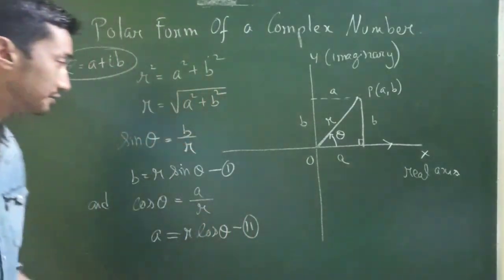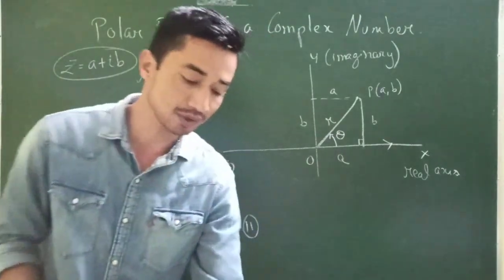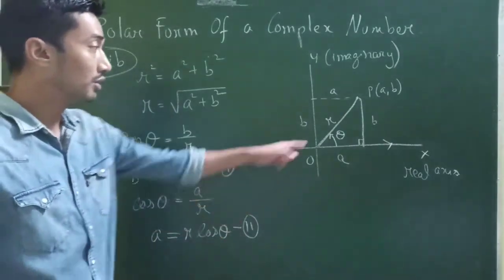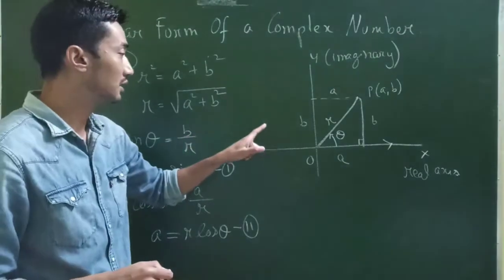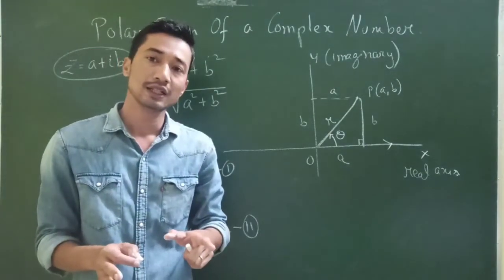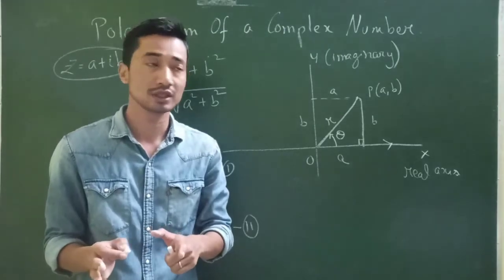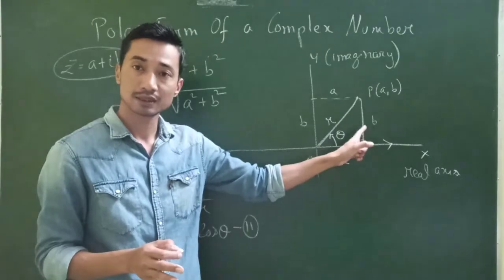Maybe I'll just rub it off here. Now the question is, is it possible to find out the value of theta? Definitely yes, because the new parameter r we already calculated, root of a square plus b square. What am I trying to do here? I am trying to represent the two new parameters with respect to the other two parameters a and b.